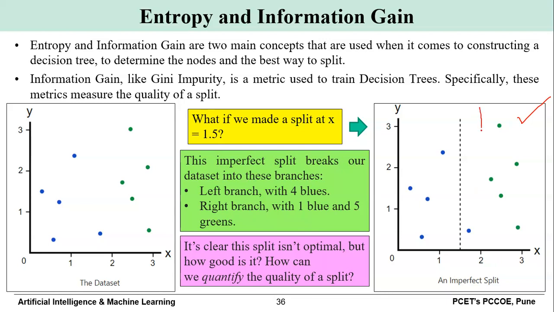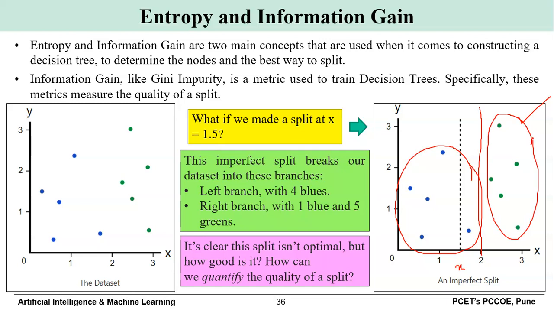And if we want to make it perfect, if we draw a vertical line, or if we divide the data when x is equal to 2, then it is perfect. Why? Because on one branch you will get all blue dots, and on the right branch you will see all green dots.